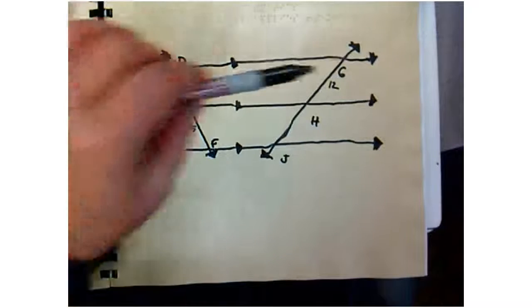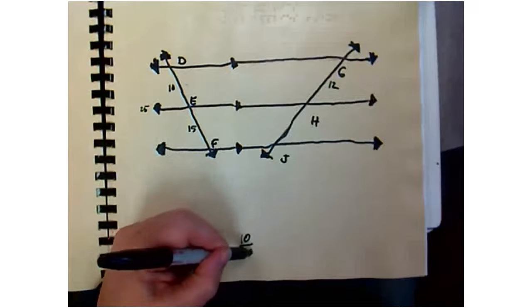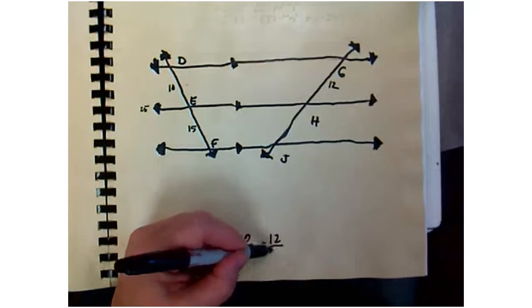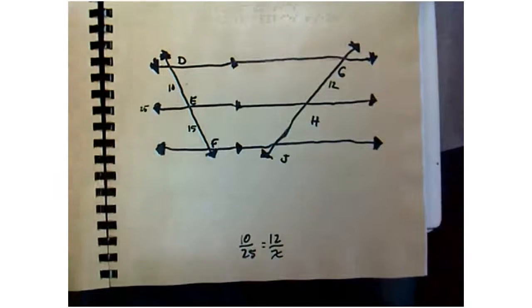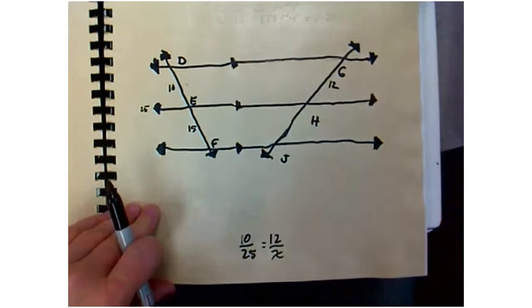So 10 is to 25 as 12 is to X. 10x equals 300. X equals 30, doesn't it?